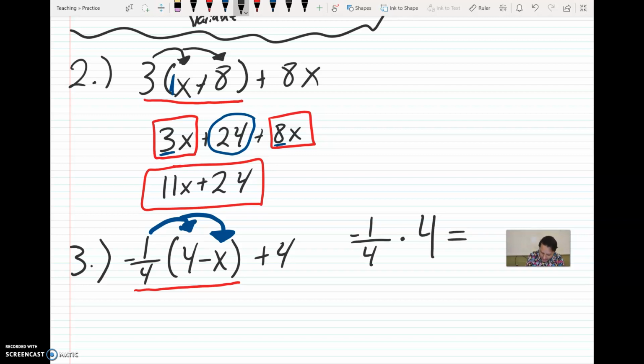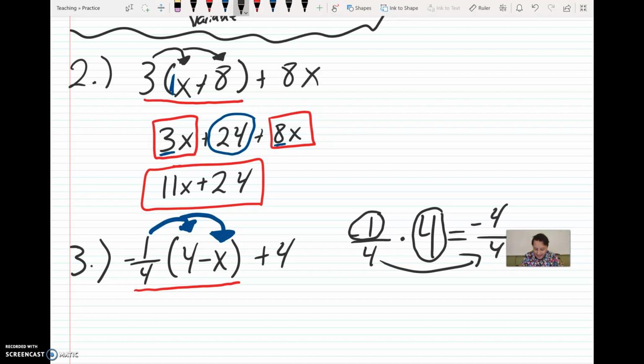What I do here, guys, is I know that if I have the number at the top, which is negative 1, I can just multiply that times this 4 and just keep the bottom the same. As long as I don't have this 4 over anything else, we're good to go. So negative 1 times 4, that's negative 4, and I can just bring this bottom over here as 4.